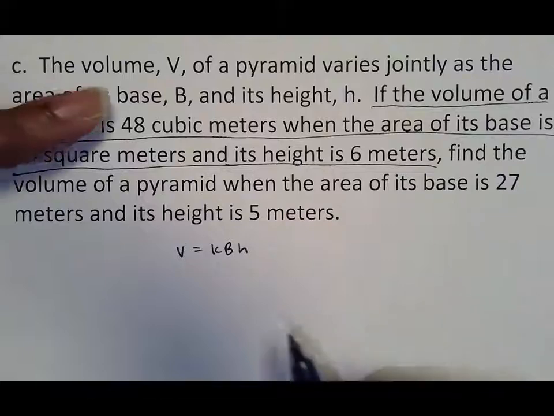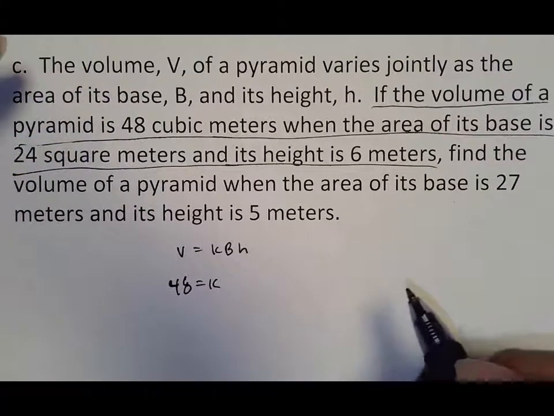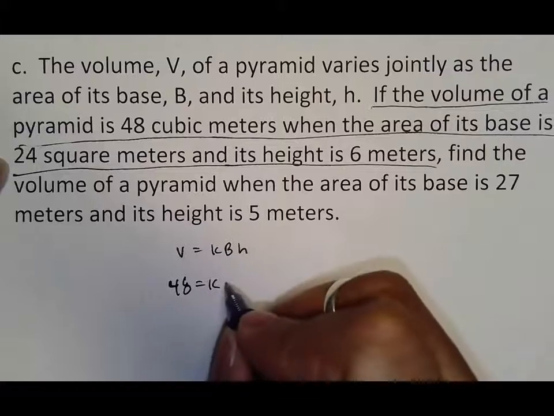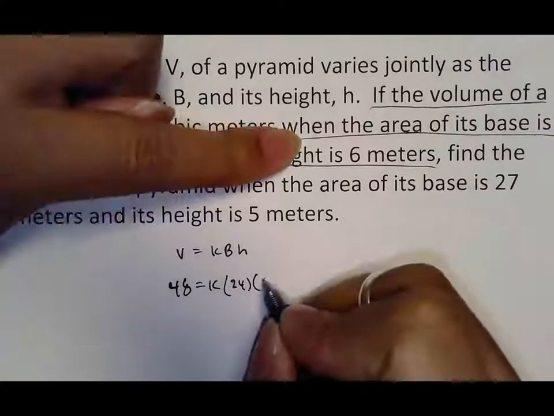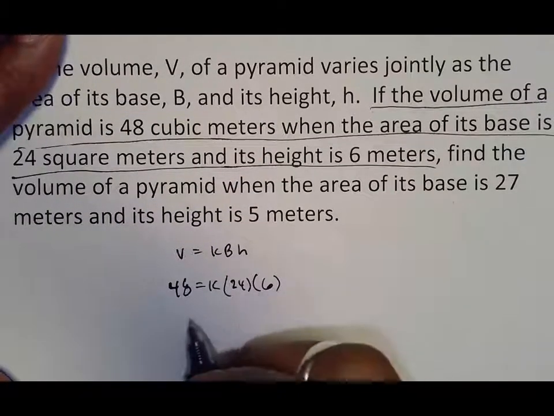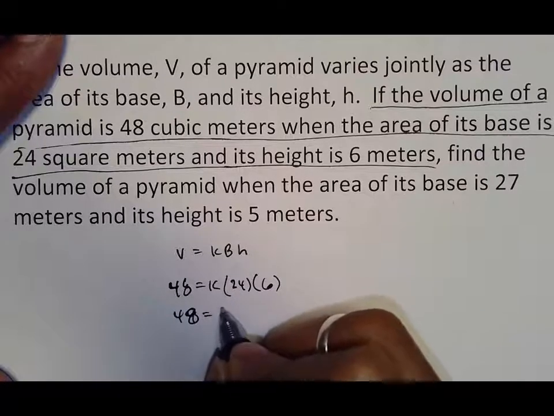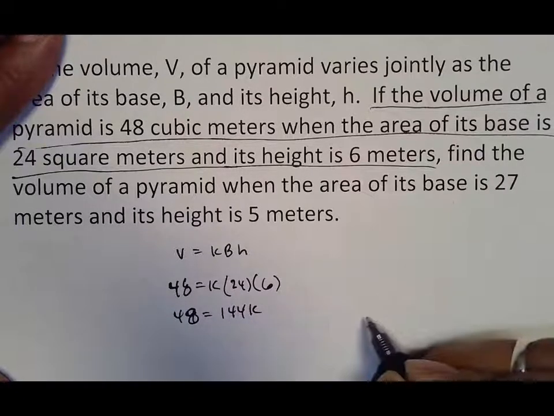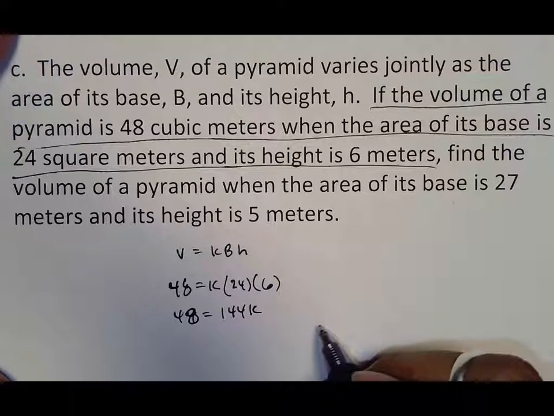So it says the volume is 48. Leave our K. When its area is 24 and its height is 6. So now we have to use algebra to solve. 24 times 6 is 120 plus 24, which is 144. I think that's right.